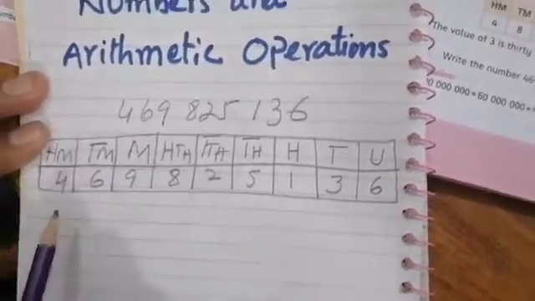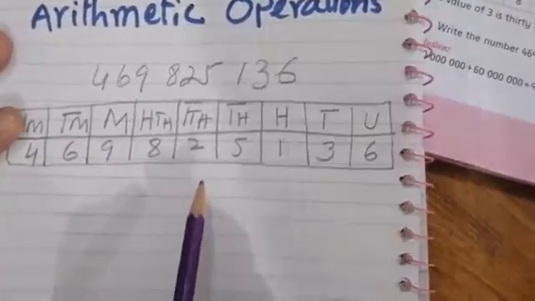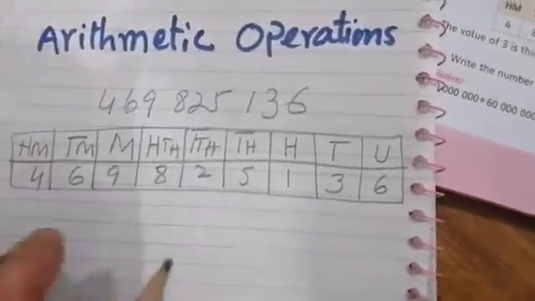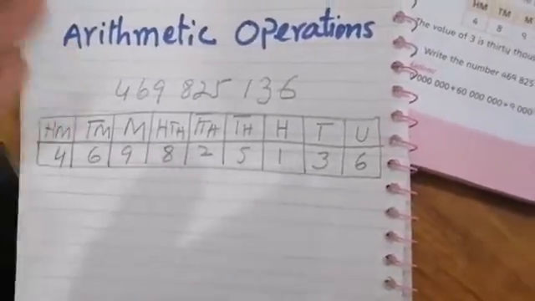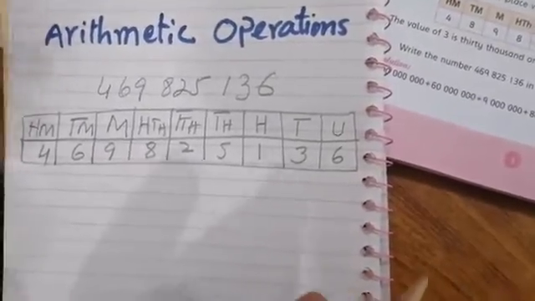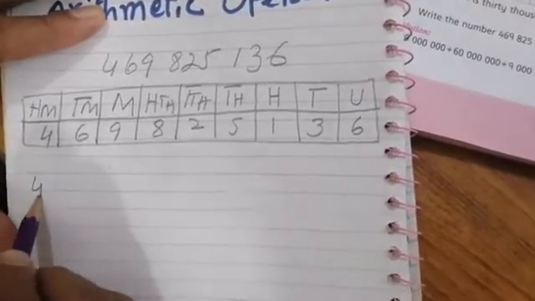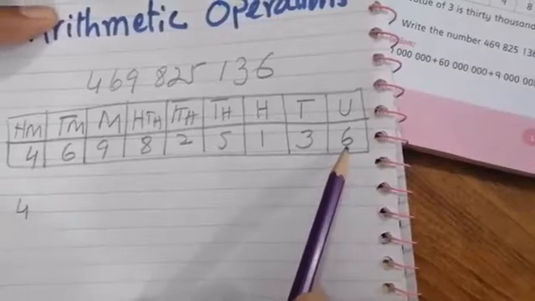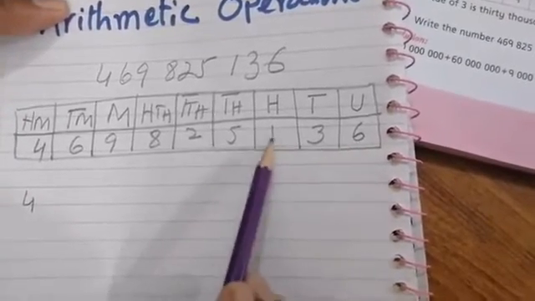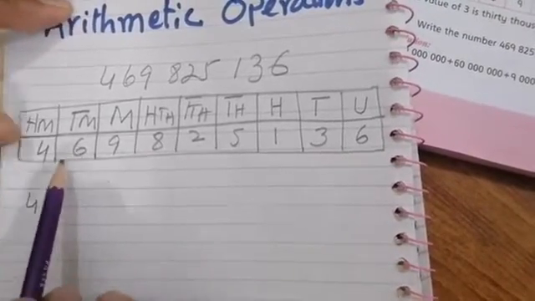So now you have to write this in the expanded form. Expanded form means that you have to write each and every number separately. So you write 4 here and you count how many columns are there: 1, 2, 3, 4, 5, 6, 7, 8.